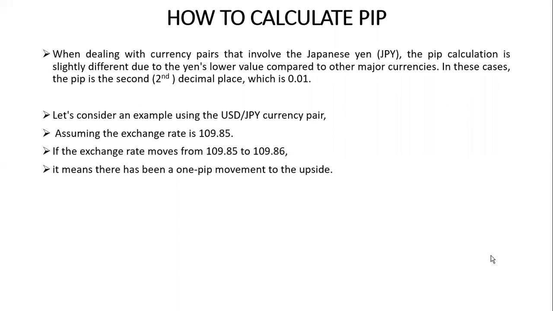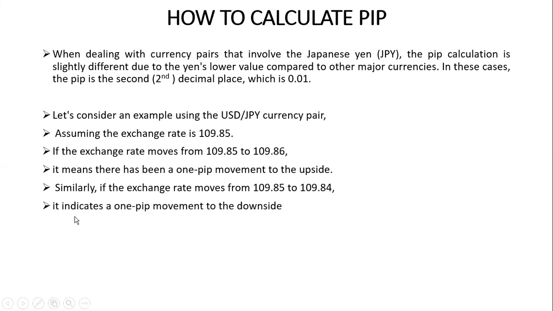So for Japanese yen, that is how we calculate pip. The pip calculation is in 2 decimal places. So let's look at another example. If the exchange rate moves from 109.85 to 109.84, meaning there has been a decrease of 0.01, as I said, it indicates 1 pip movement to the downside.